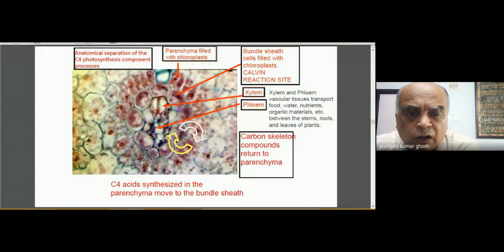So those are all being done by these xylem and phloem. And this is your mesophyll cells, and this is your bundle sheath. So this is broadly the kind of anatomy of the C4 plant.